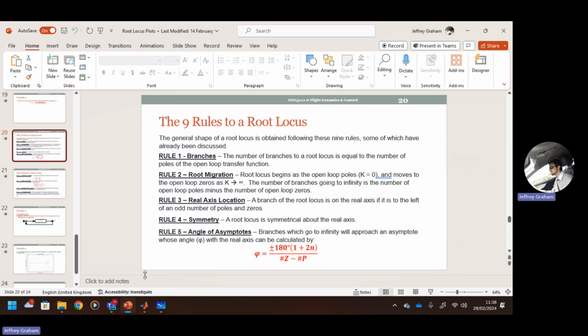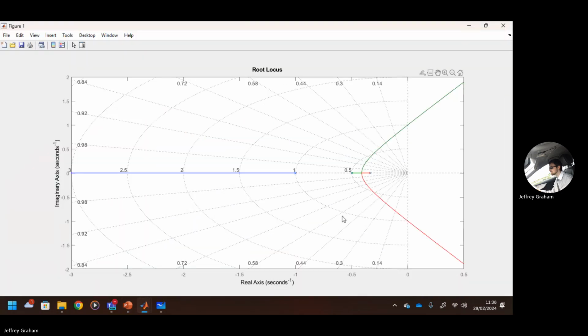Right, rule number 3. A branch of the root locus is on the real axis if it is to the left of an odd number of poles and zeros. Right.